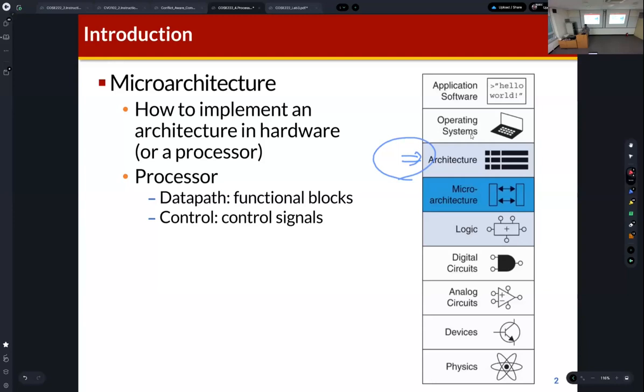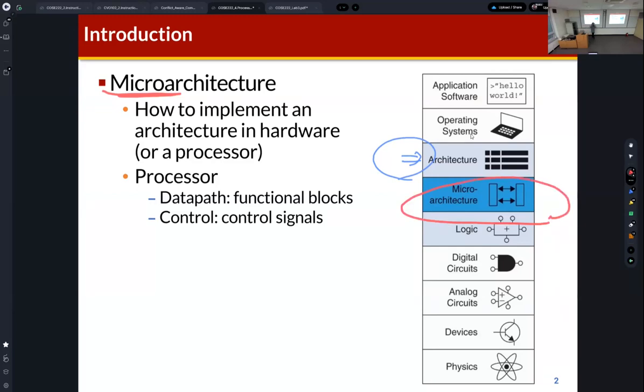Traditionally, when we mention computer architecture, it means the instruction set architecture. It's a very old convention, right? Now we will focus on the hardware architecture, which is called microarchitecture. So we will focus on the microarchitecture of a computer system.